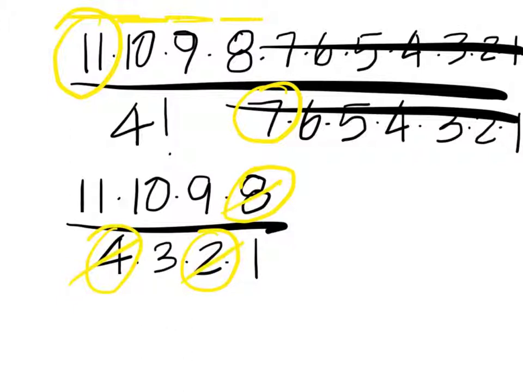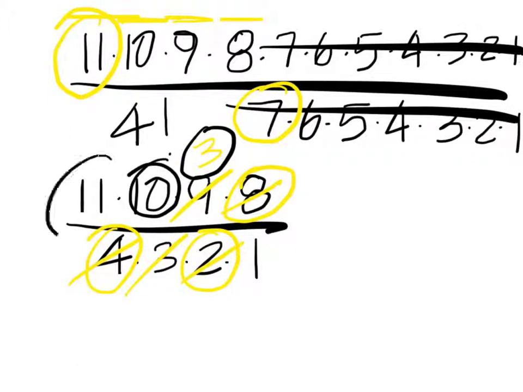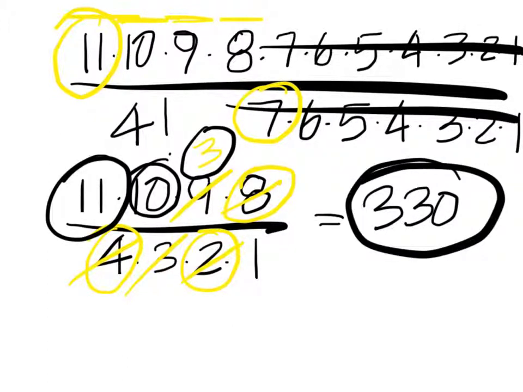So those are gone. You also have a 3 on the bottom, 9 on the top. That'll cancel to a 3 on the top. So 3 times 10 is 30, times 11 is 330. Different ways you could choose 4 books from 11 books total.